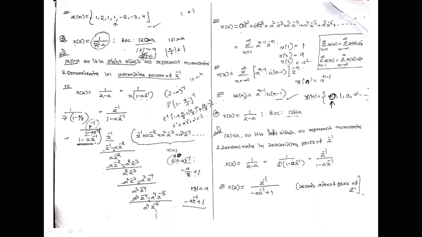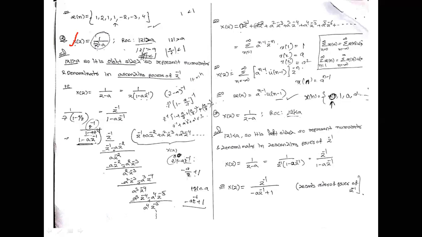This is the sequence we'll get for the x of n, and the x of z is given by 1 by z minus a. By using the long division method, since it is right-sided, you have to remember that it is ascending order of the powers of z power minus 1, z power minus 1, minus 2, minus 3, minus 4, and so on. Okay.